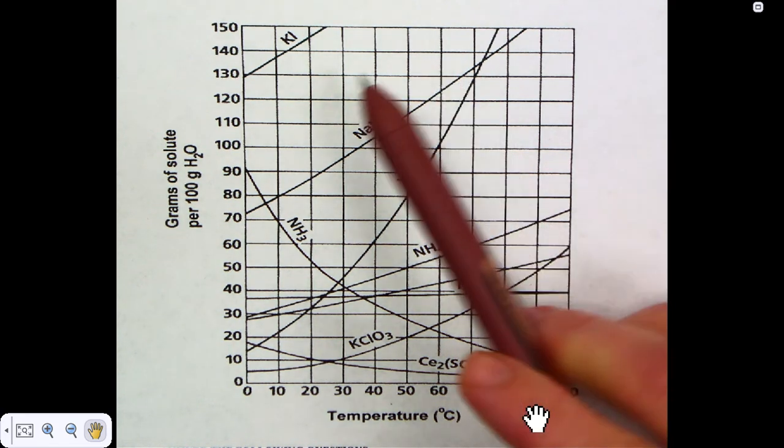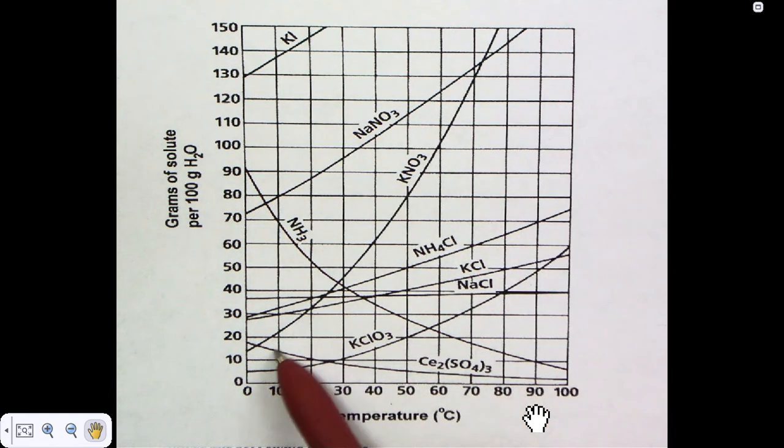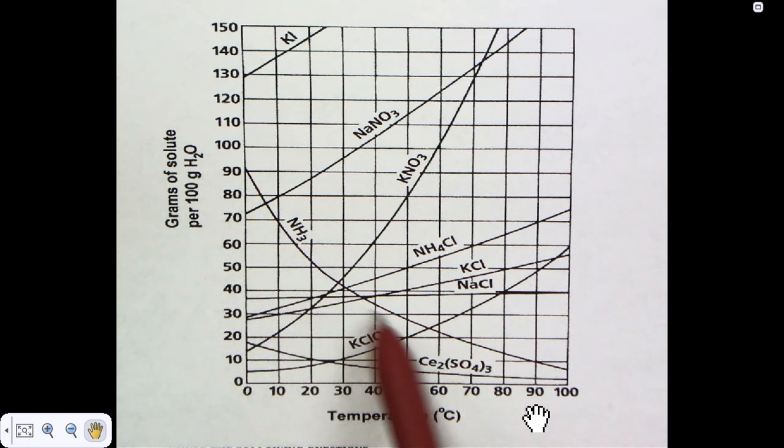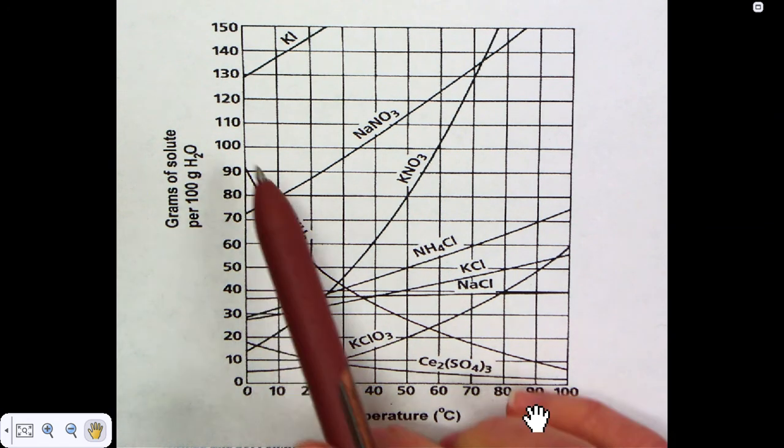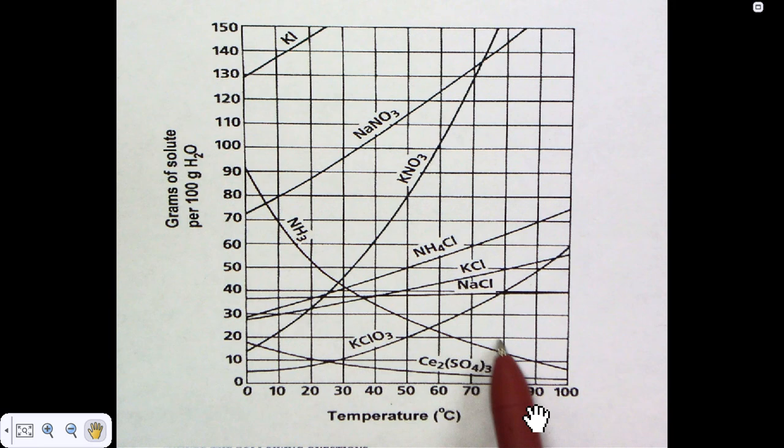What you're going to notice is that for most things, as the temperature increases, the solubility increases. There are very few things where it actually decreases as temperature increases. In particular, we notice that for gases, solubility will decrease as temperature increases.